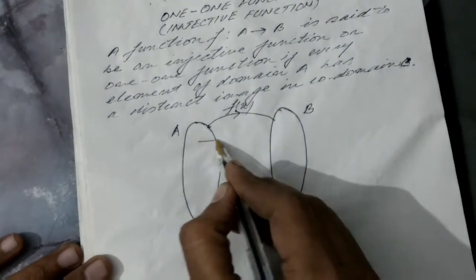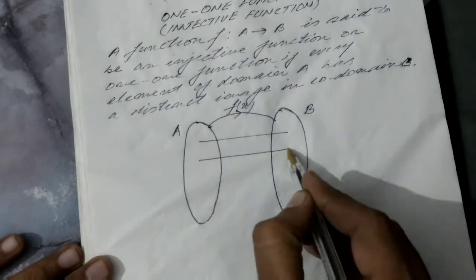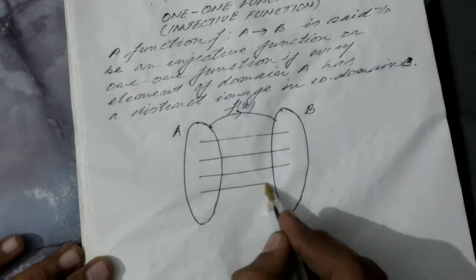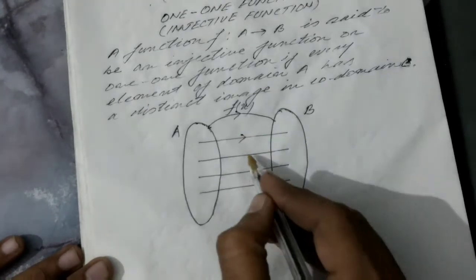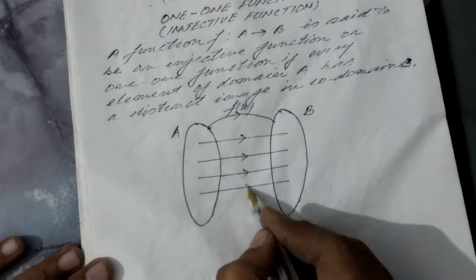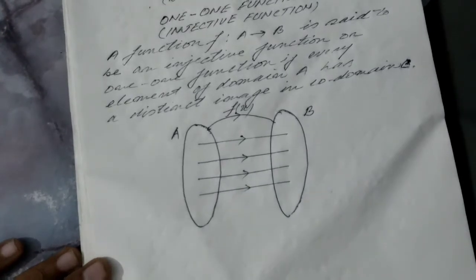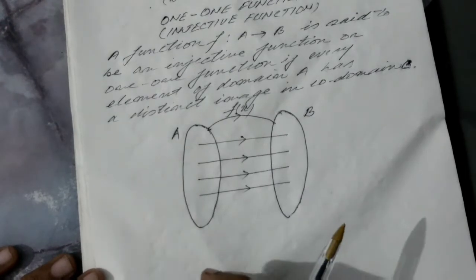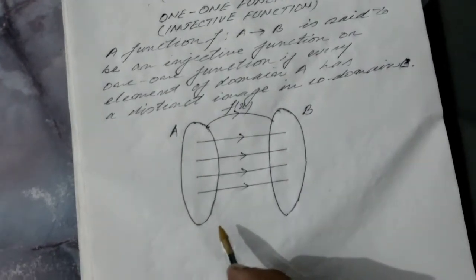So each and every element of domain has a distinct image in codomain. So this kind of function is called one-one function or an injective function.